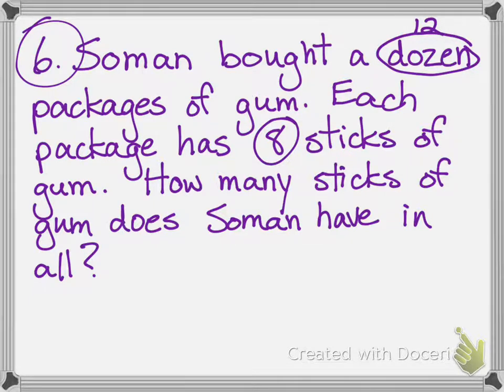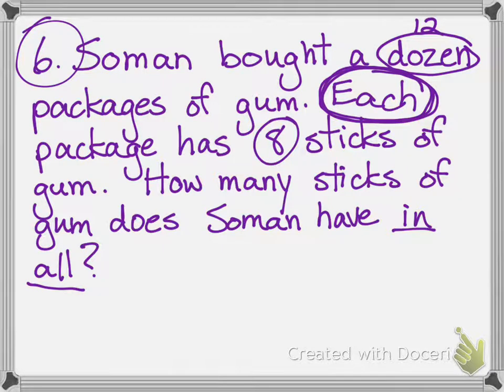All right, so it says, how many sticks of gum does Soman have in all? Now, normally, if we saw "in all," that would tell us to add. But when we see "in all," and we also see this word right here, "each" is the clue to multiply.